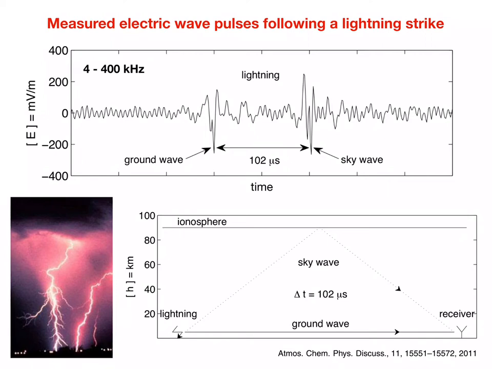The first pulse is associated with the ground wave, and the second pulse is associated with the so-called sky wave. The sky wave comes about because the electromagnetic wave is reflected at the ionosphere, before it reaches the receiving antenna. The time difference between the two electromagnetic pulses is consistent with the speed of light of 3 × 10⁸ meters per second.